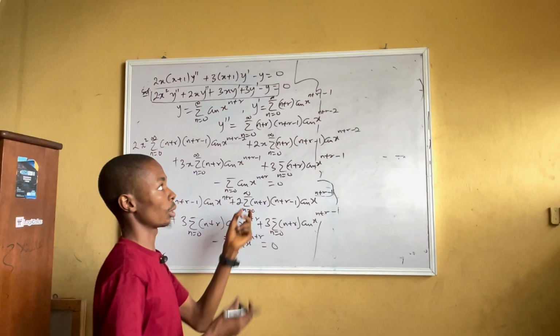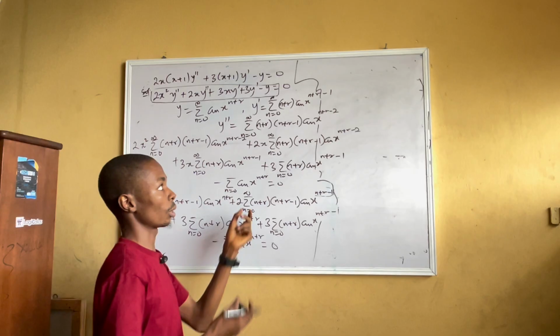So after getting the indicial equation, now go back to the sum. Don't forget that we've already counted for n equals to 0 in this second and fourth sum. That means they will now start from 1. We counted the 0.